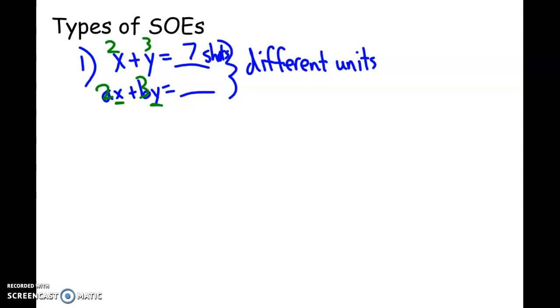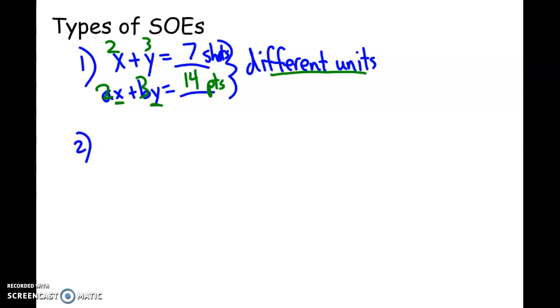For each 3-point shot you made, you got 3 points. And from this, you have a total number of points. And so let's just say you ended up scoring 14 points. Not quite sure if that's possible. I'm just making this up as I go. But the point with this is that we have different units here. All right, and so that's one type you're going to get.